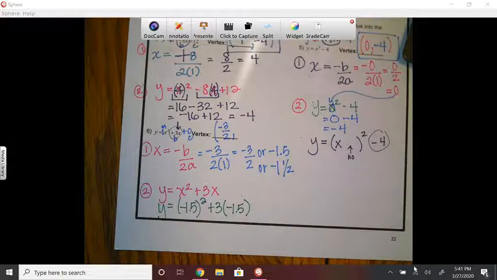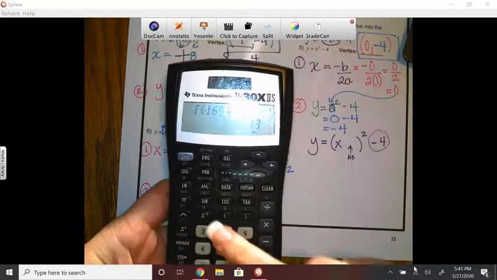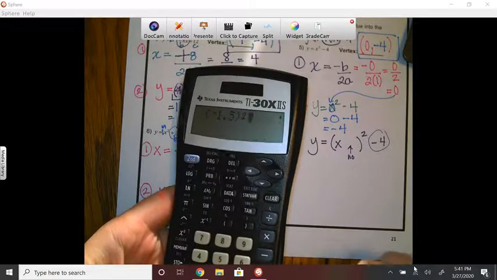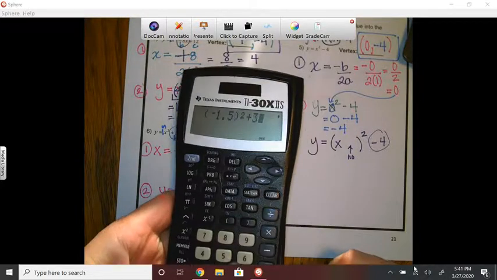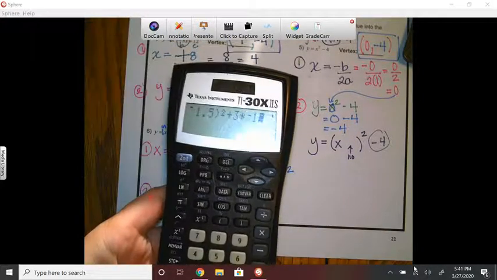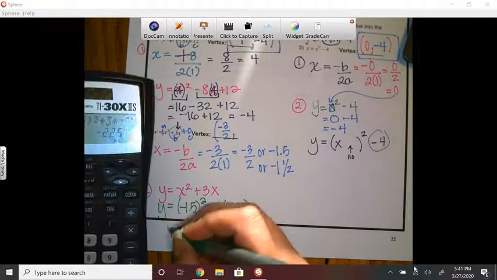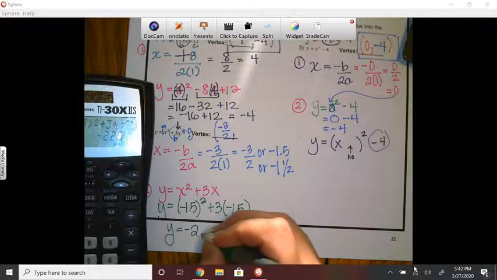And then we're going to plug that into our calculator. So we have a negative, so we need parentheses, -1.5 squared, and then plus 3 times -1.5. And we would get that y is -2.25.